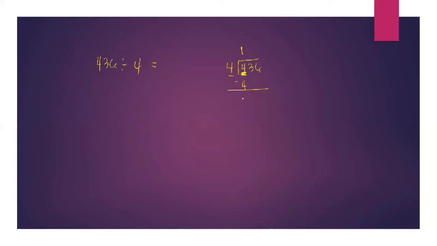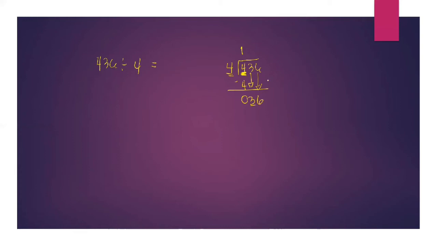Yung 0 po ba pwedeng i-divide sa 4? No. Pag no, we will bring down the next digit, which is yung 3 natin. Yung 3 po ba pwedeng i-divide sa 4? No po, dahil mas mababa yung 3 natin sa ating divisor. Therefore, we will add the next digit, which is bring down the 6. So, now we have 36.